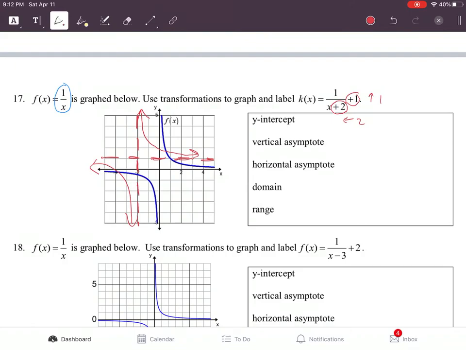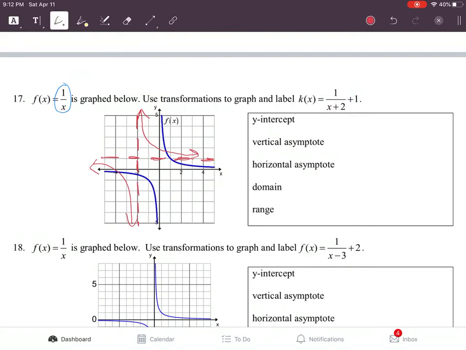Okay, so now we want to figure out where our values are. Okay, for the y-intercept, we're going to put 0 in for x, let's go back and erase this part so we have some more room.